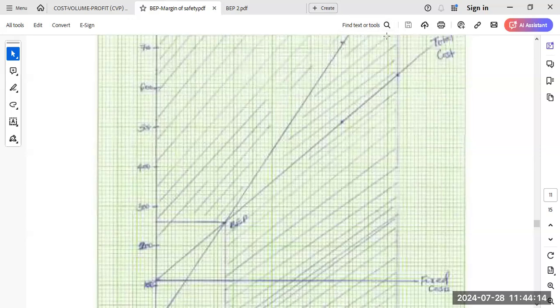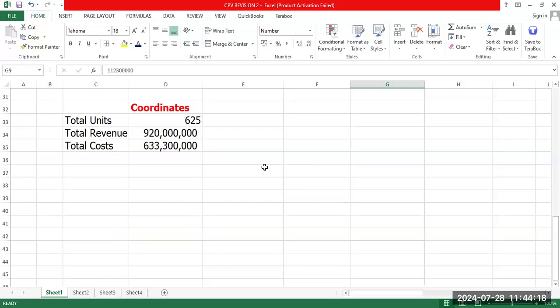Once you are done with fixed costs, once you're done with this line, go back to your coordinates. First, plot this. Stand on the horizontal axis where you have 625.